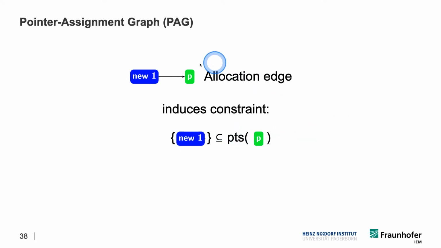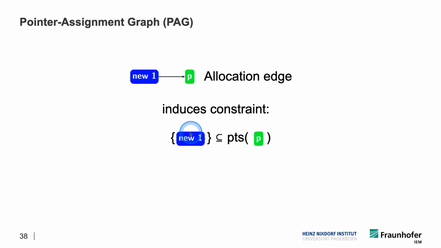And so what this edge really means is that we know for sure that P can hold objects allocated at new1. There might be different allocation edges that also point to P. This is why here we don't have an equality constraint, but only a subset constraint, right?